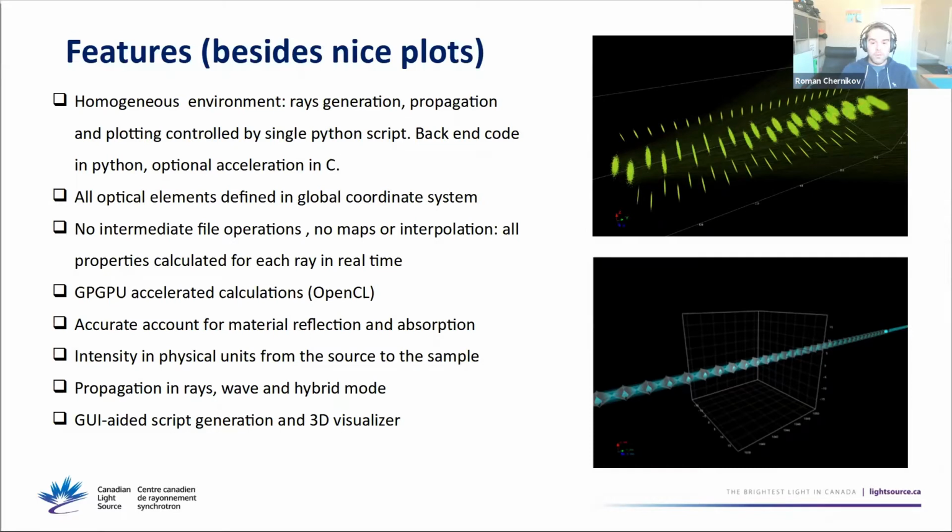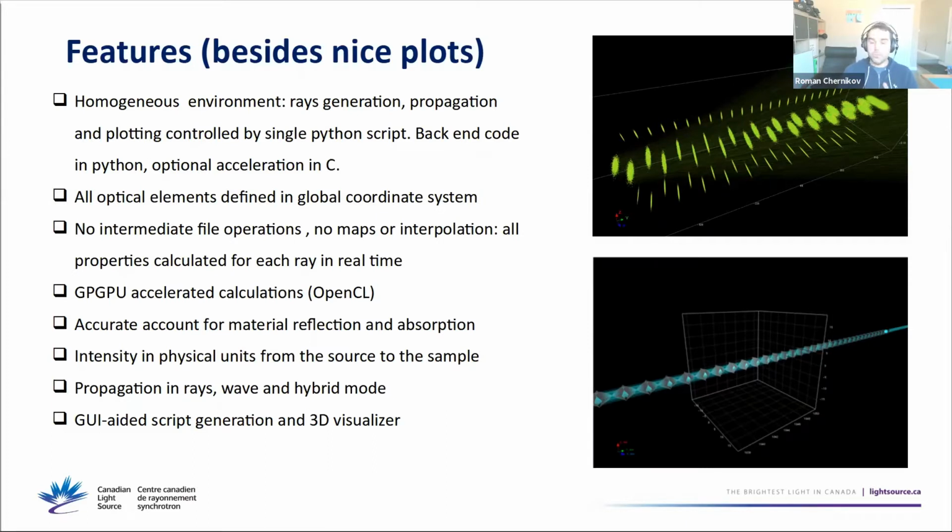Since all modules belong to the same library, we don't use any intermediate file write-read operations. All objects are stored in memory, and it gives us the capability to calculate everything really fast. No writing to disk means high performance.